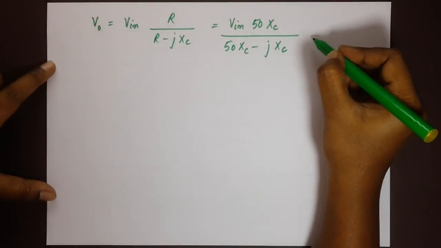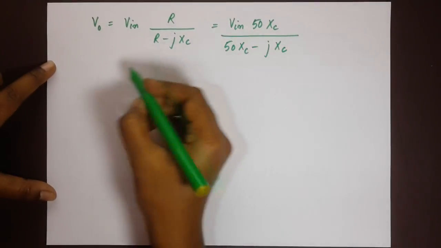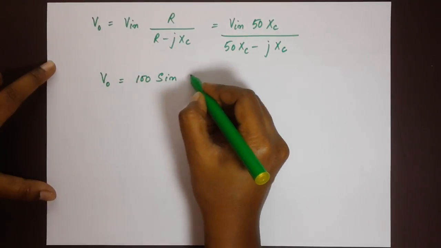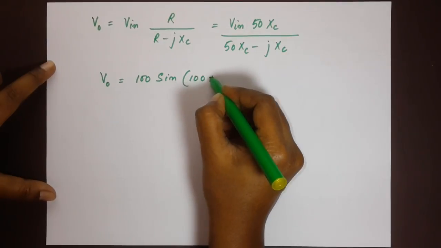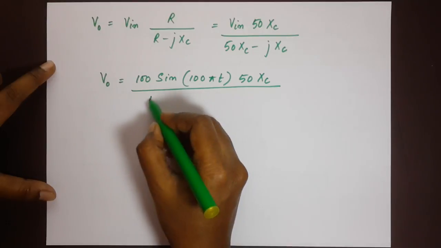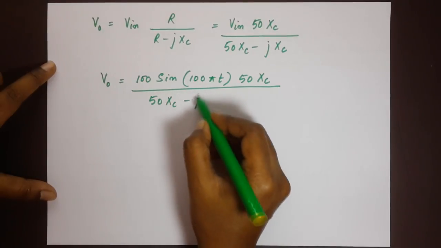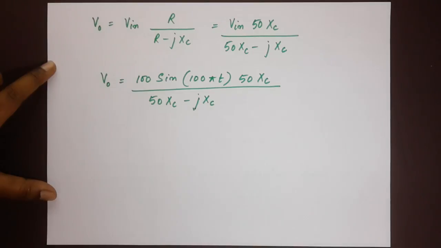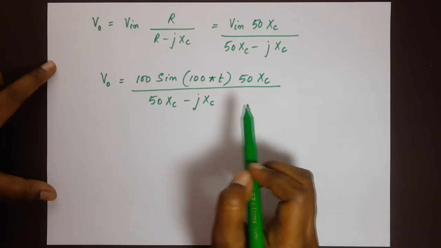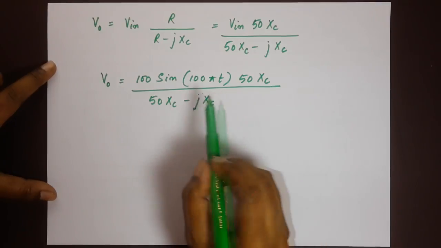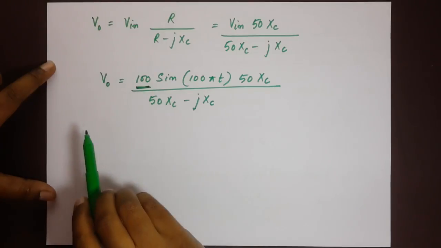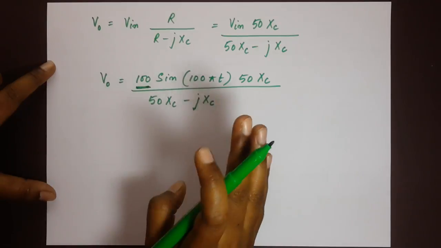So let's substitute what Vin is. V0 is equal to 100 sine of 100 pi t into 50Xc divided by 50Xc minus jXc. Alright, so either way what we see here is that the magnitude of the output voltage remains as 100. This is the peak value. Focus on the peak alone.